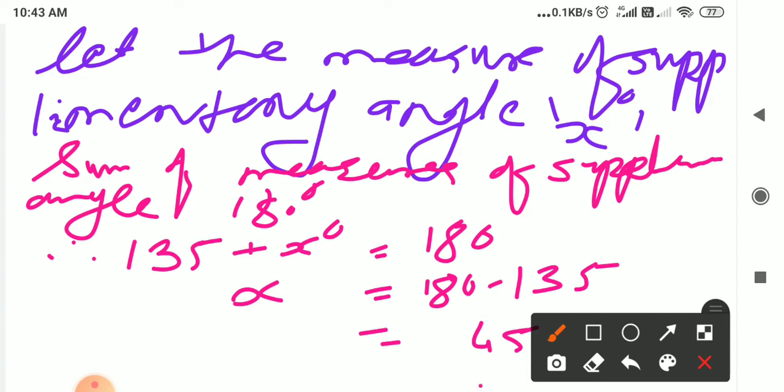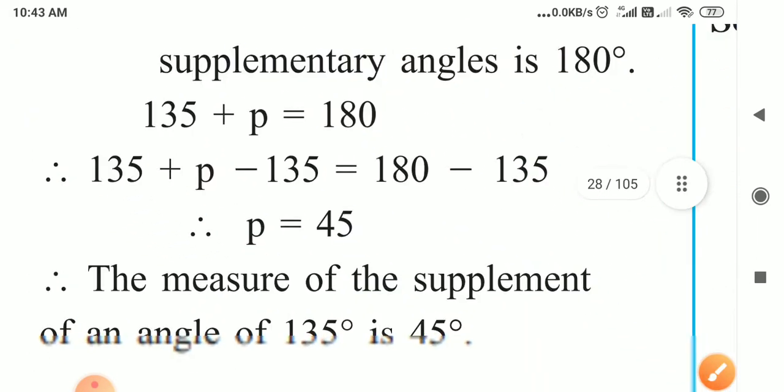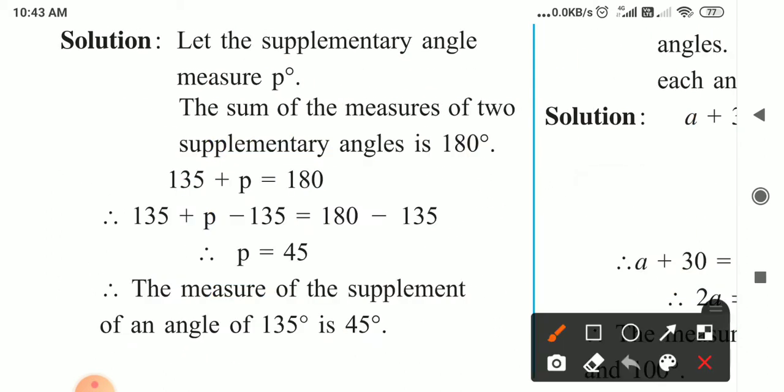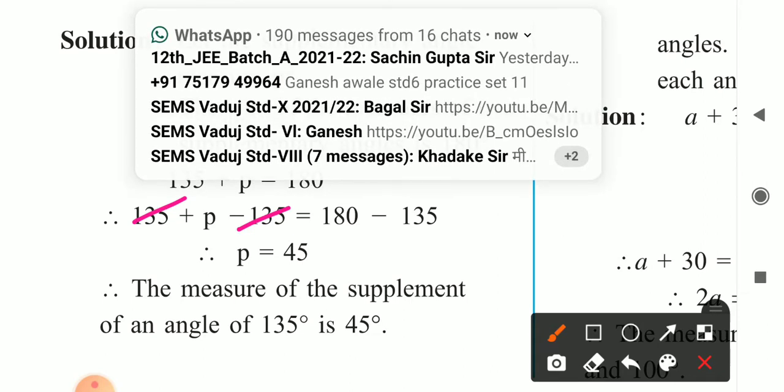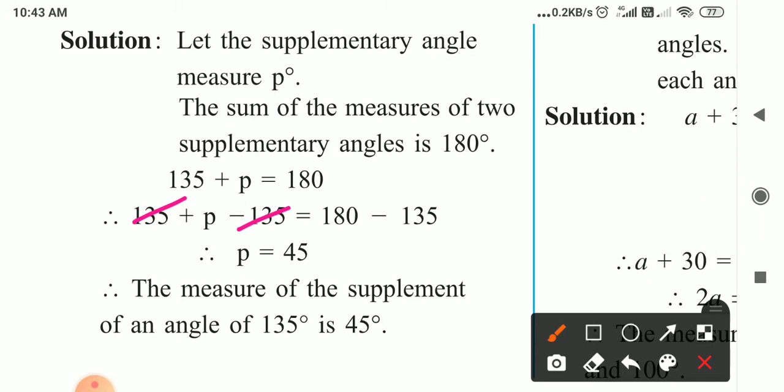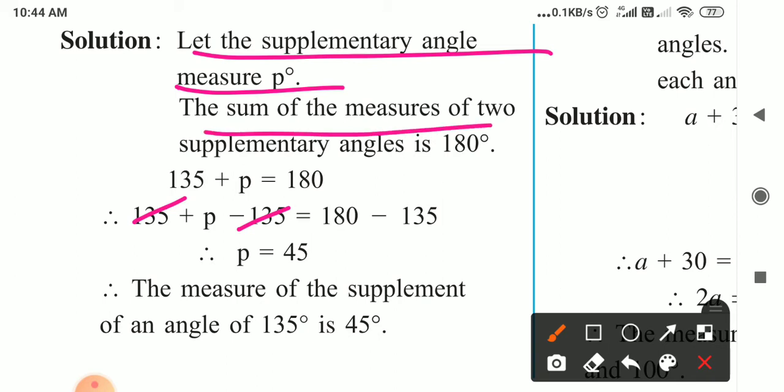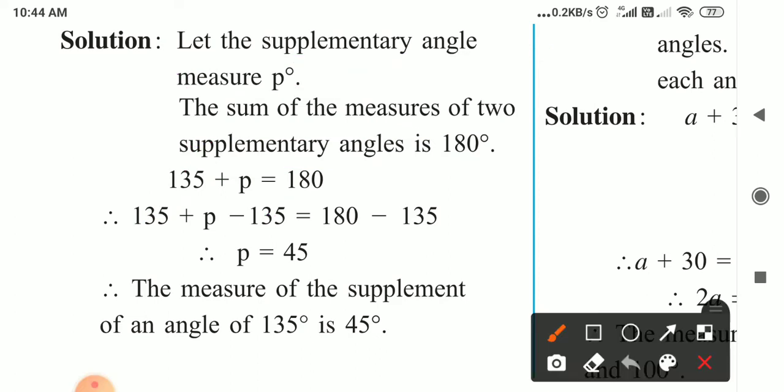In this way you have to solve the example. In our textbook the same method is given. The solving steps may differ, but as you go to higher classes, it's not necessary to write all these simple steps; you can solve directly. First assume the measure of the angle, then write the definition of supplementary angles, then write the given angle plus the assumed angle equals 180 degrees, and solve.